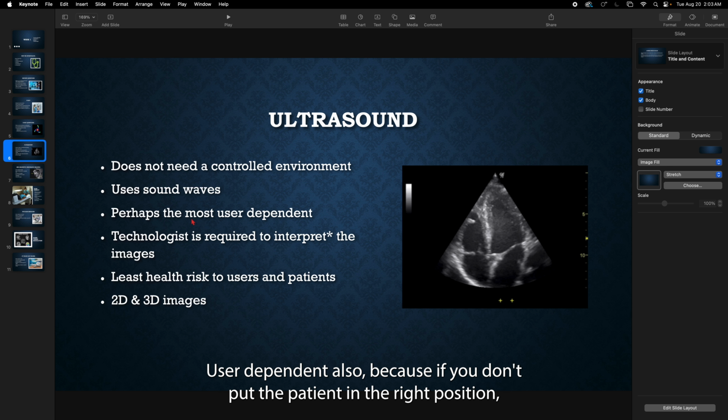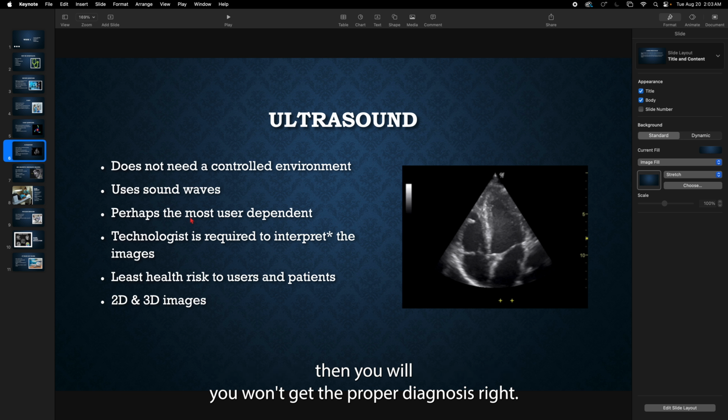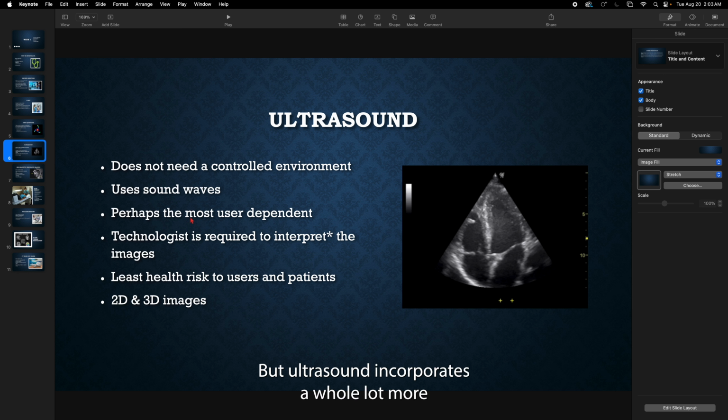The X-ray is user dependent also because if you don't put the patient in the right position, then you won't get the proper diagnosis, right? But ultrasound, it incorporates a whole lot more. And the technologist is required to interpret the images. I put an asterisk here because the final interpretation is not typically left to the ultrasound technologist.